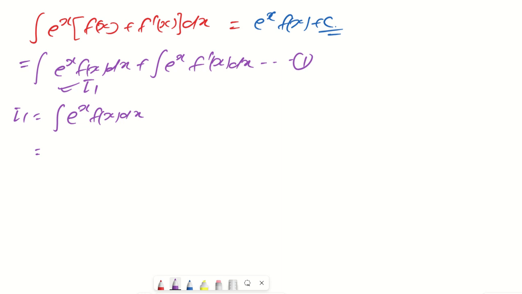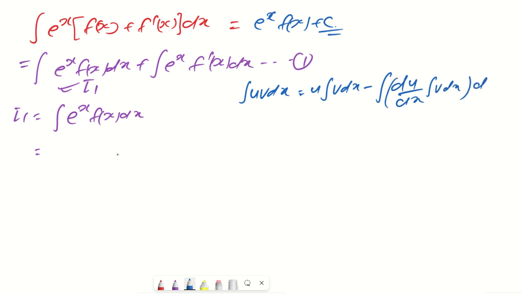So I1 is e to the power x f of x dx, and you already know integration by parts, which I have just taught you. What was the formula for integration by parts? Integration of u v dx is u times the integral of v dx minus the integral of du by dx into the integration of v dx, whole integration.